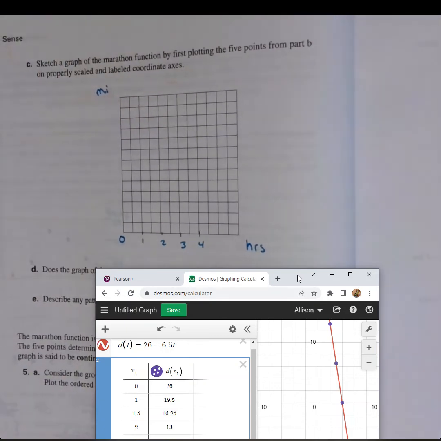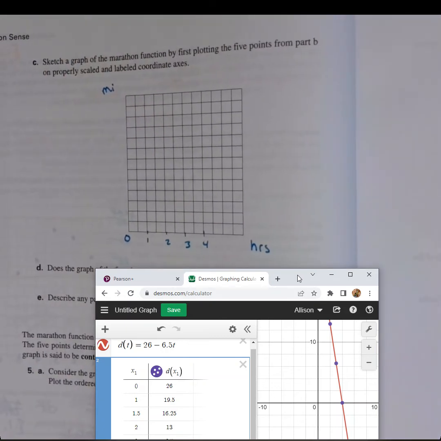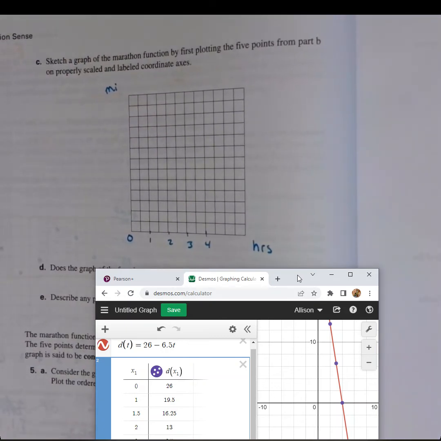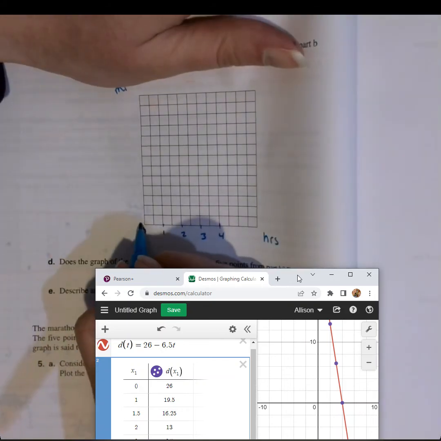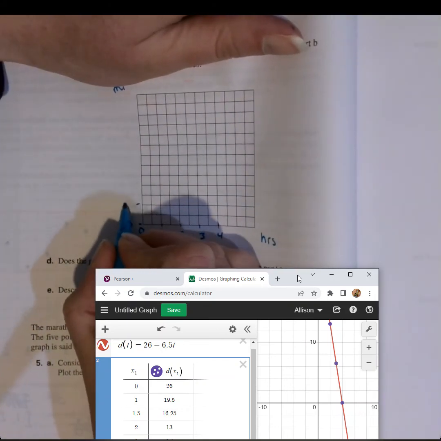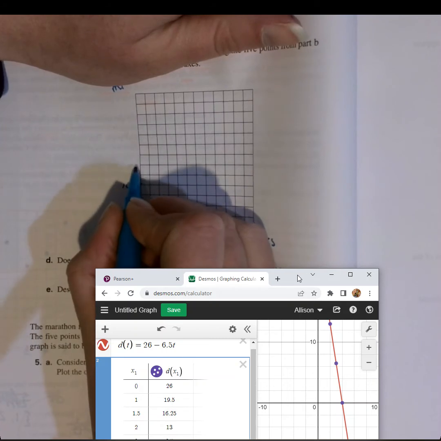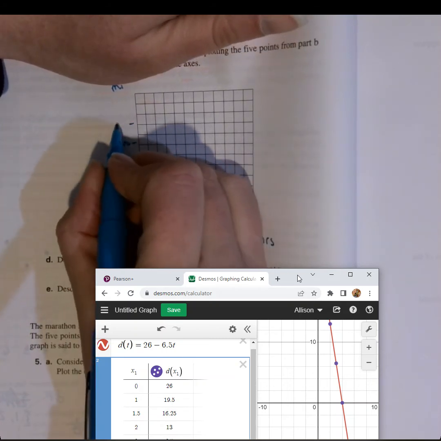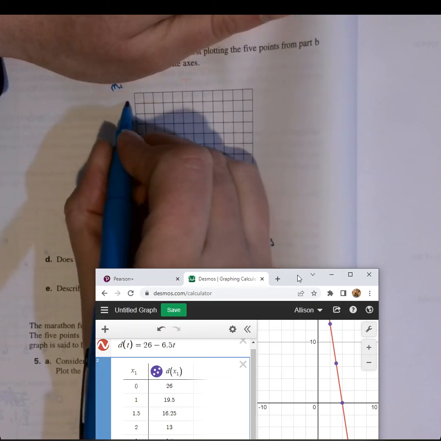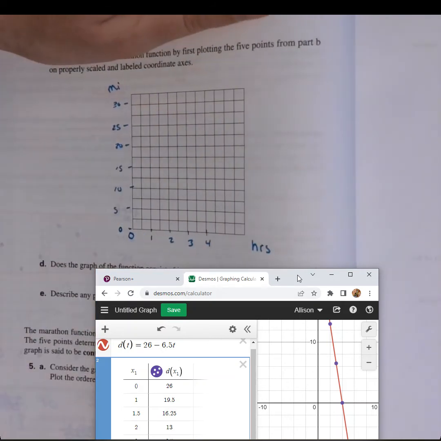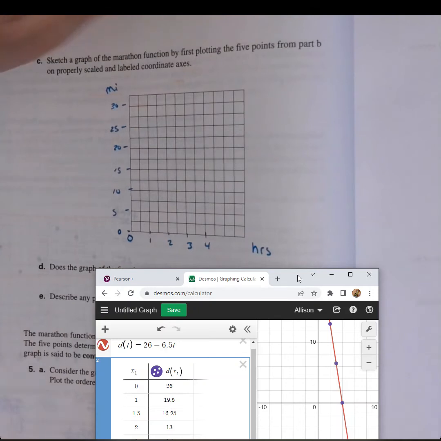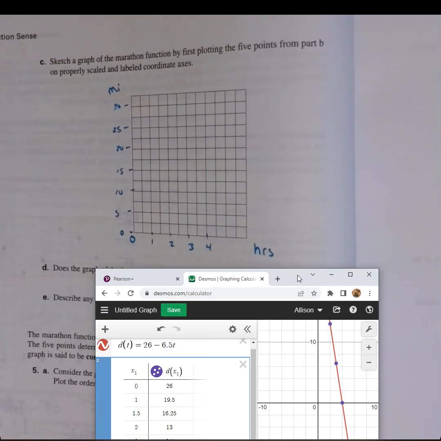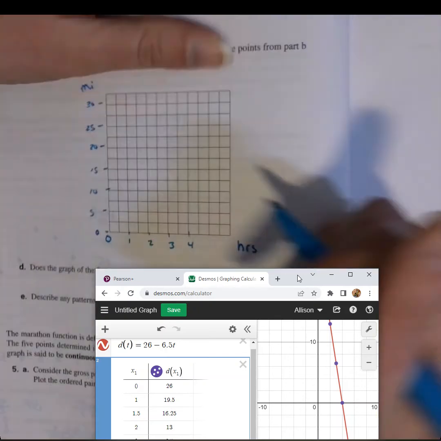And I've got to get 0 and 26. So I probably should count by 5s every other one again. So we'll start at 0, 5, 10, 15, 20, 25, and 30. All right. So 0 and 26.